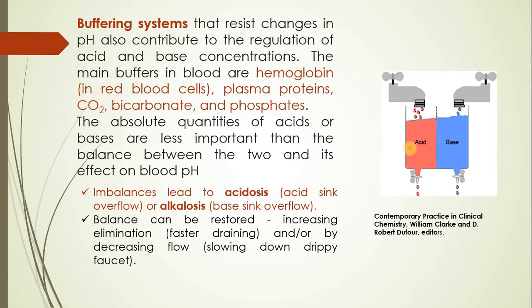Obviously, both an increase in acidity and an increase in alkalinity are harmful to the body, and can lead to diseases called acidosis or alkalosis. Acidosis refers to a continuous rise in the acidic component within the body, whereas alkalosis is a continuous rise in alkalinity in the body.